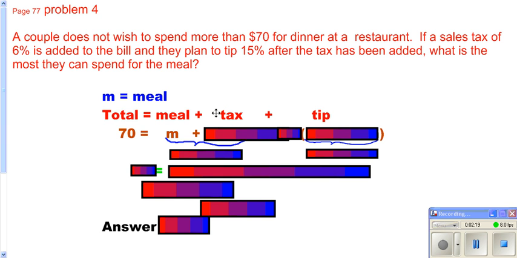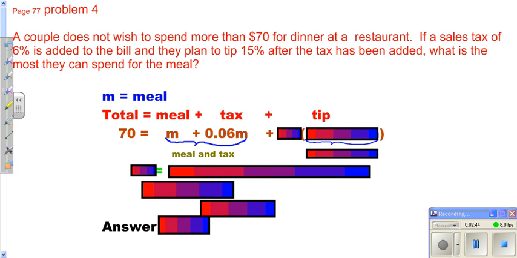Your tax, it says, is 6%. So your tax is going to be your 6% written as a decimal, so move your decimal point over two places, multiplied by your meal. So this right here is your tax. Together, these represent your meal and tax.